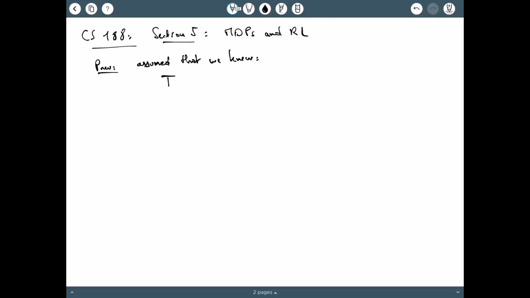We assumed that we knew the transition function, and we also assumed that we knew the reward function. So basically here, we assume that we knew the dynamics of the world. And unfortunately, that's not a piece of information that can be available to us at all times. So what happens when these tables will have to be inferred from experience?